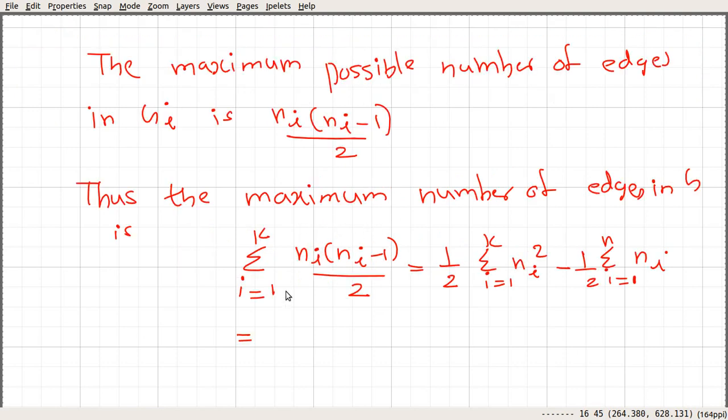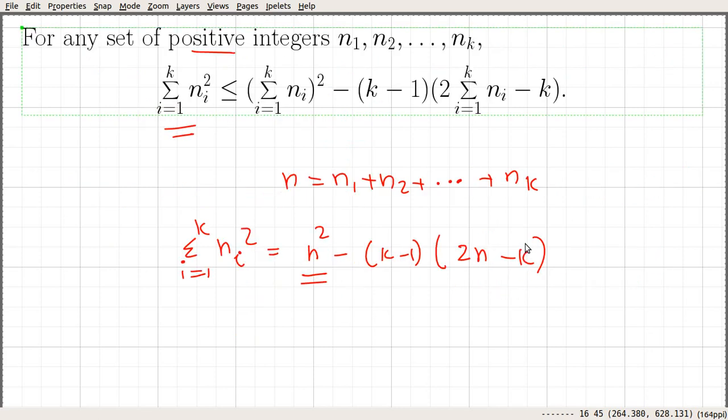So let's use that inequality here. Here we have this sigma ni squared, so we are going to replace sigma i equal to 1 to k ni squared by this right hand side.